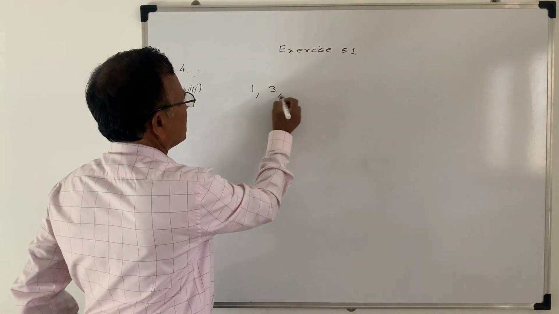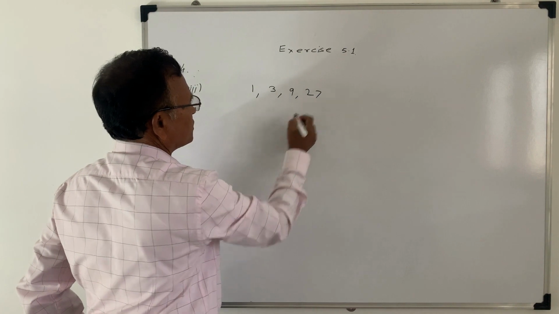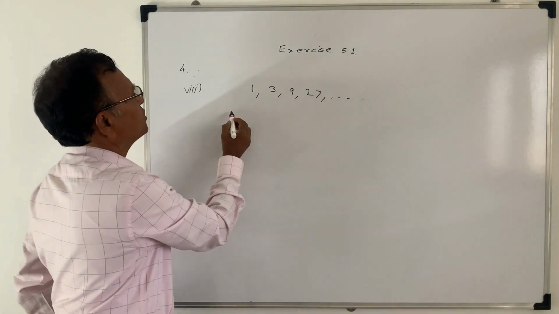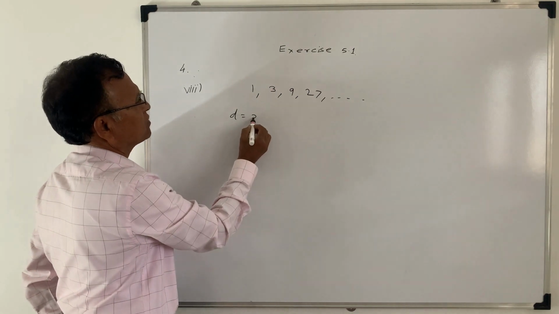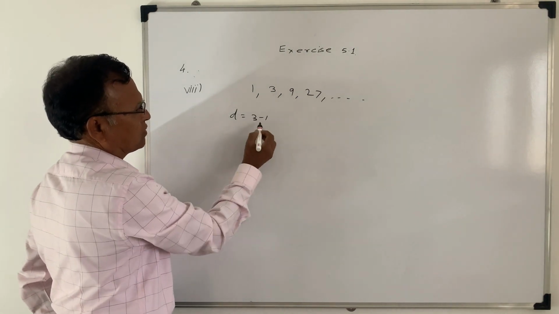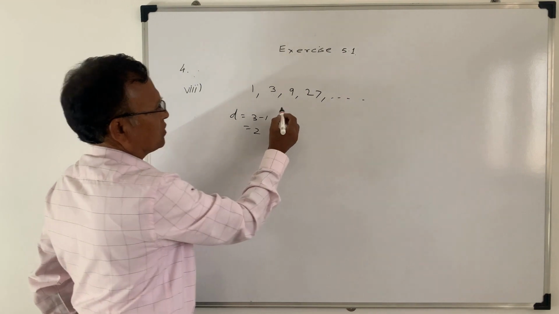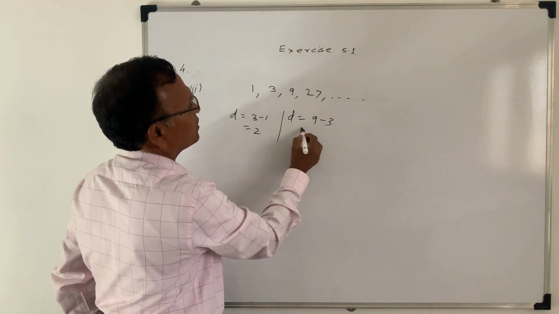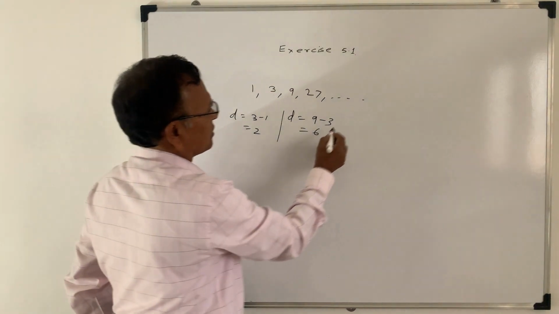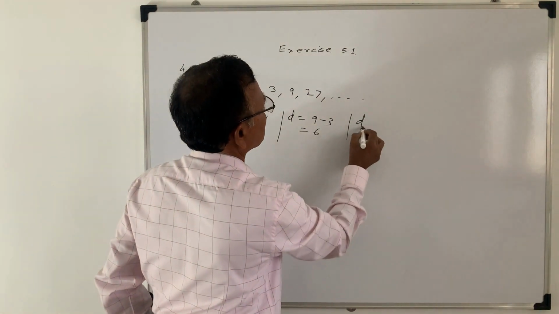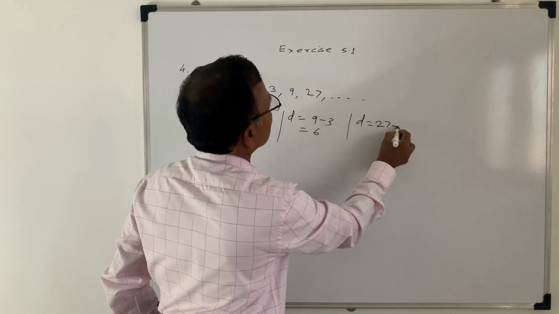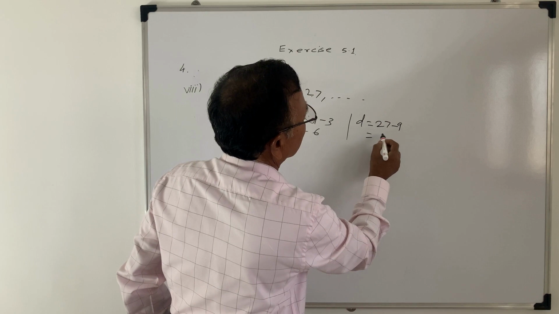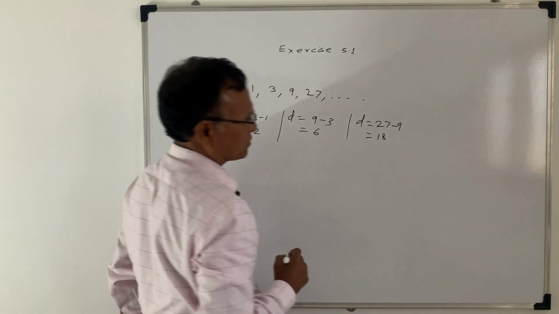One, 3, 9, 27. So here common difference, you take 3 minus 1, that will be 2. Here you take 9 minus 3, it will be 6. Here 27 minus 9, that is 18.